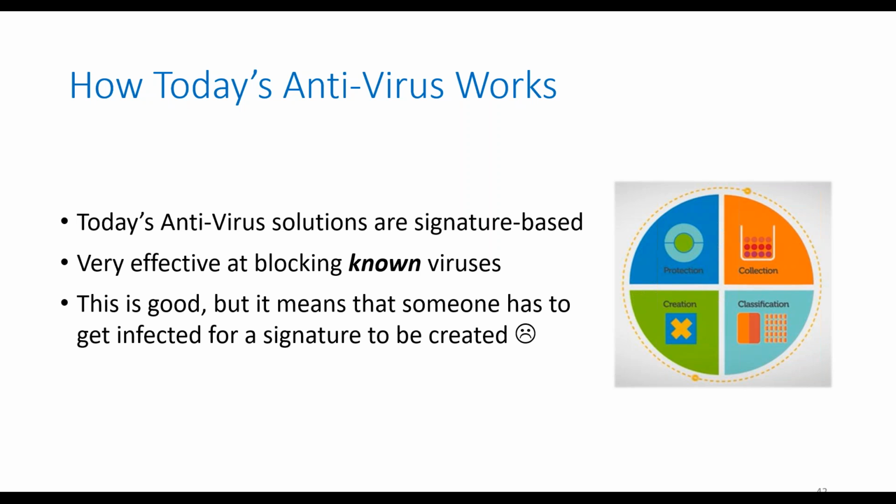It's blocking a whole ton of attacks, but because it's signature-based, it means that somebody has to get infected for that signature to get created. And none of us is raising our hand to be that first person to be infected. So that's how Capture ATP fits into the story: it's going to come in and protect that last mile of what about these brand new viruses? So go a little deeper on that for me, Zach.